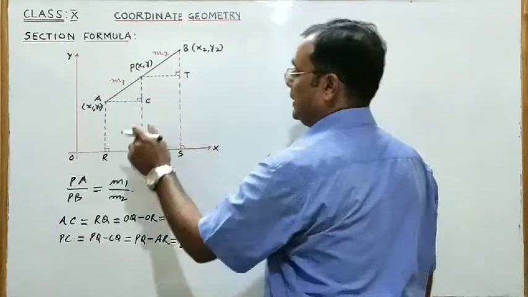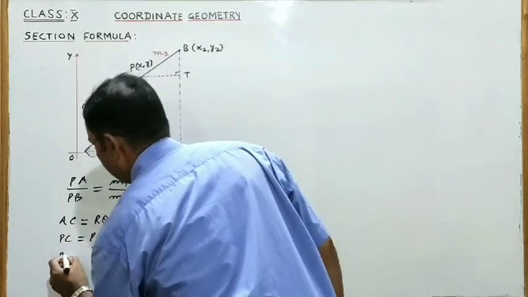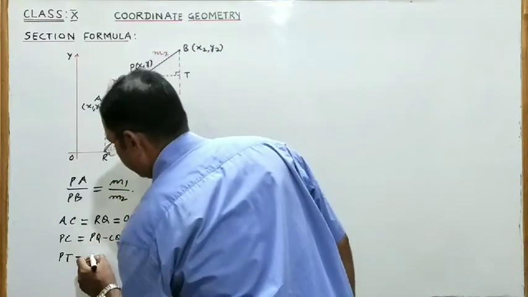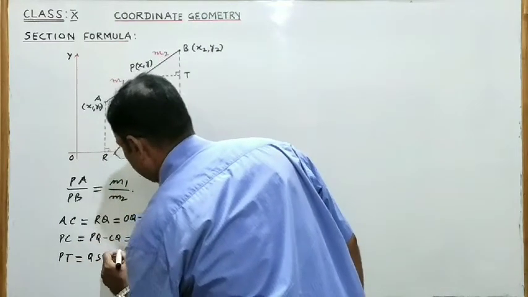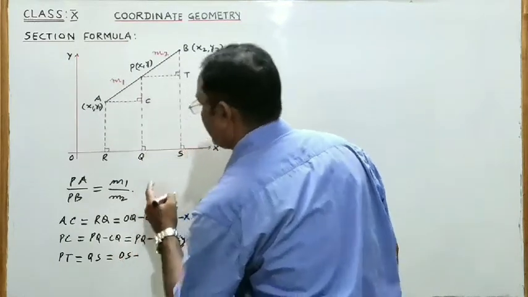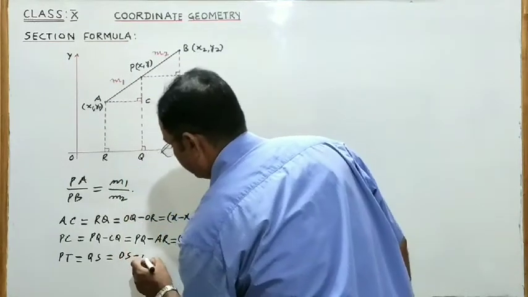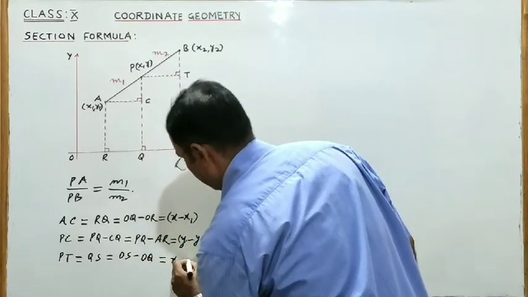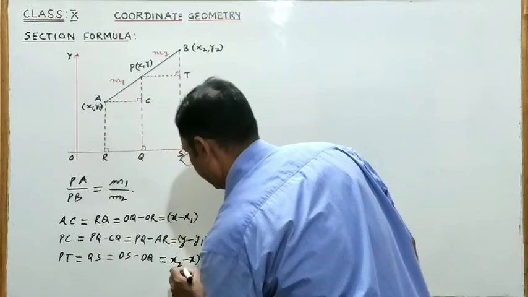Now PT is equal to QS, and QS is equal to OS minus OQ. So x2 minus x.